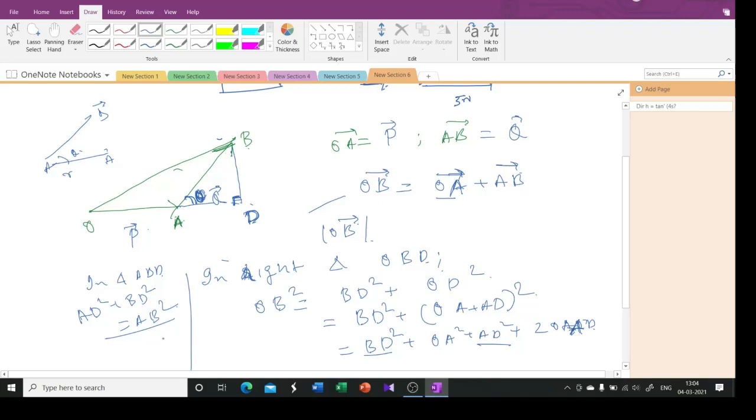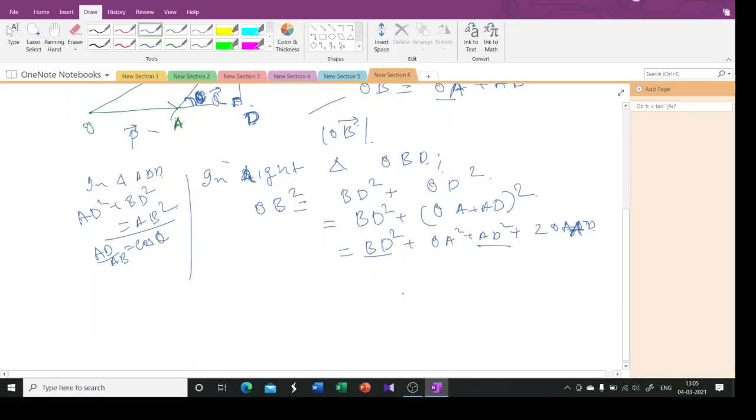In triangle ABD, what is AD? AD by AB is cos theta. The definition of cos theta in a right angle triangle is base by hypotenuse. So from here we can say that AD is simply AB cos theta.